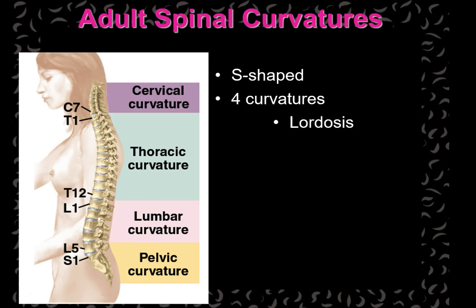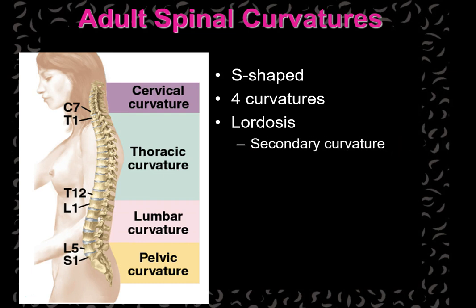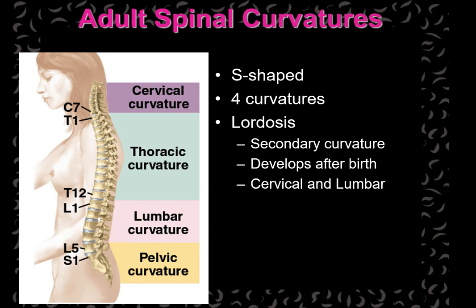Okay? So as an adult, we have 4 curvatures. We introduce the lordosis, which is the secondary curvature because we see it second. It develops after birth, and that's part of the development, the leg strength, the balance, and this development of these other 2 curvatures to kind of straighten the spine out. So now they can hold their head up over their body.